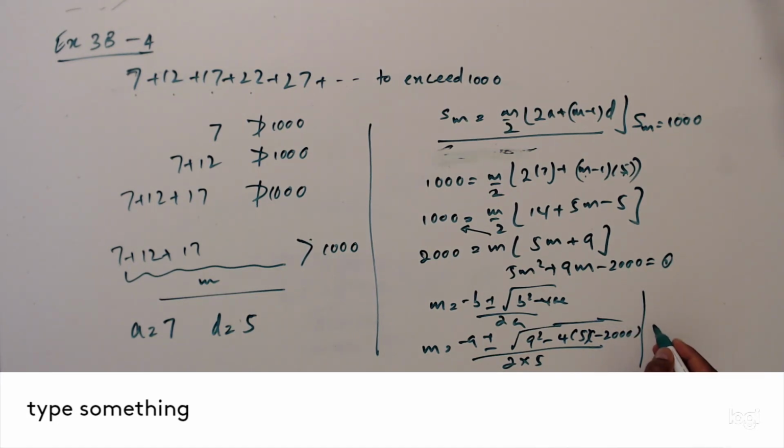You will get two answers. Using the calculator, one is 19.12 and the other is minus 20.92. m cannot be a negative number, so we reject that.